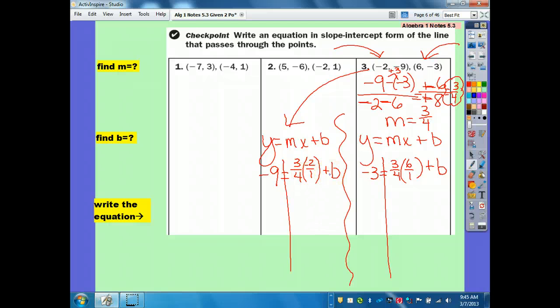Who simplified? Okay, so if you simplify, you got a -2. 2 goes into here, -1, 2 goes into here, 2. So now this turns into -3 over 2 plus b. Then we have to plus 3 over 2 to both sides.